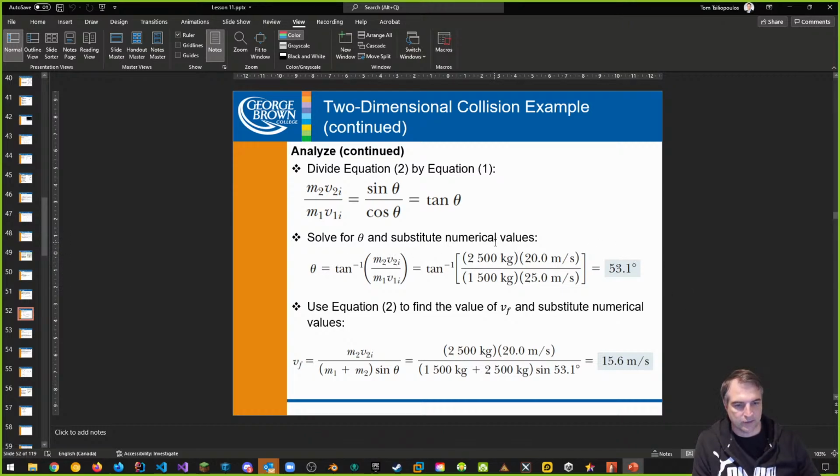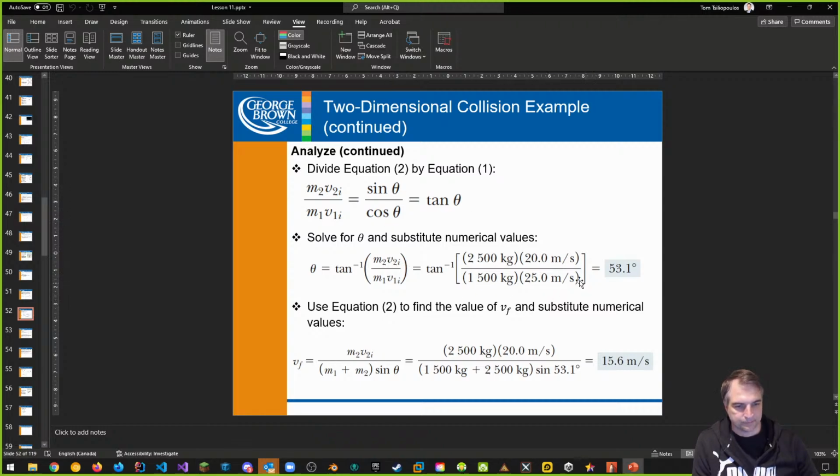So we plug in the values. Again, we know that the 2,500 kilogram truck is traveling north, that's on the y-axis, that's why we put it up here, times 20 meters per second. Now, the reason why we're not modifying it is because it's across the y-axis, so sine theta is irrelevant, right?